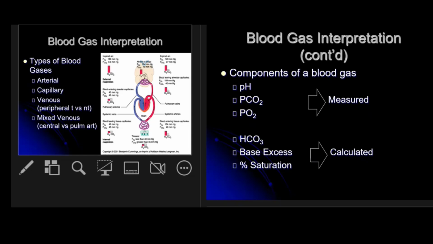A capillary blood gas actually gets its name from the fact that we collect the blood into a capillary tube. The respiratory therapists here who have done that know you take these little fine capillary tubes, pull the blood up into them, put in a little bead with heparin on it, and use a magnet to move the bead back and forth, and then you put that into your blood gas machine. So that's a capillary blood gas, but it's not really measuring what's going on at the capillary level. We can't do that.